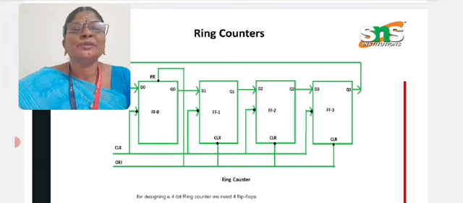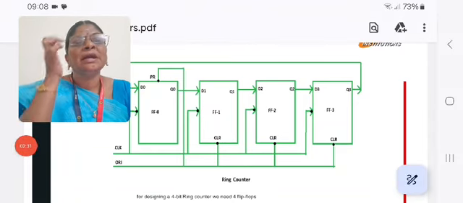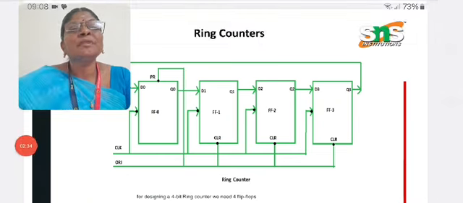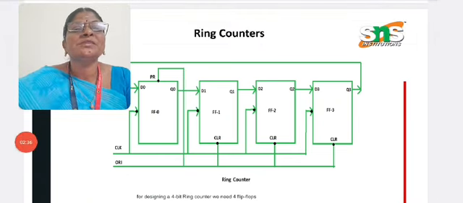So there are 4 flip-flops: flip-flop 0, flip-flop 1, flip-flop 2 and flip-flop 3. These flip-flops are connected to one another, like the output of flip-flop 0 is connected to flip-flop 1. The clock is common to all the flip-flops from first to last, and the clear reset pin is also common.